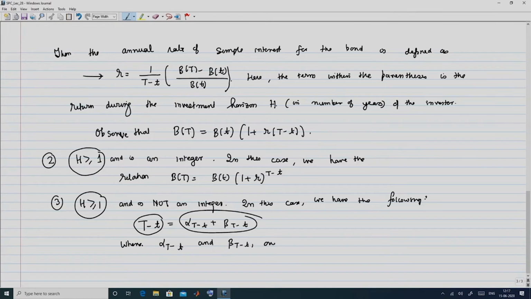These are the integer. So, basically I take capital T minus small t and decompose it to an integer and a decimal part. So, alpha T minus t is the integer part and beta T minus t is the decimal part respectively.